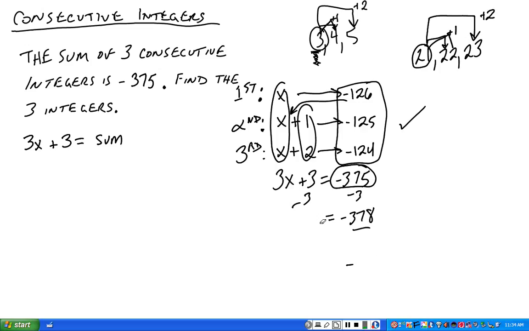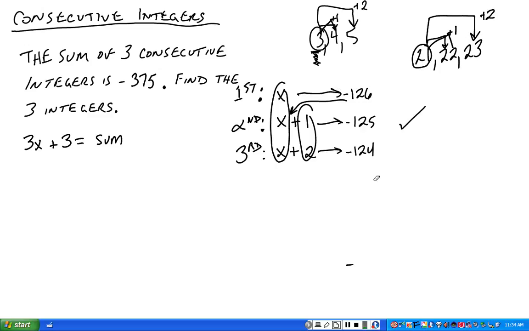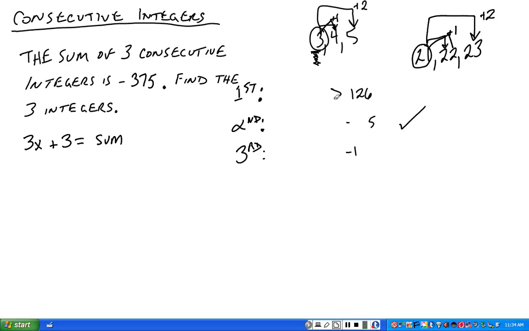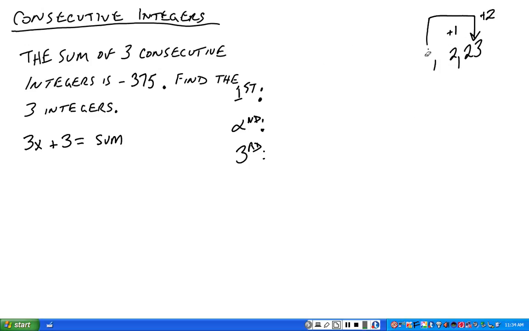Let's erase some of this. Okay, so now the sum of three consecutive.